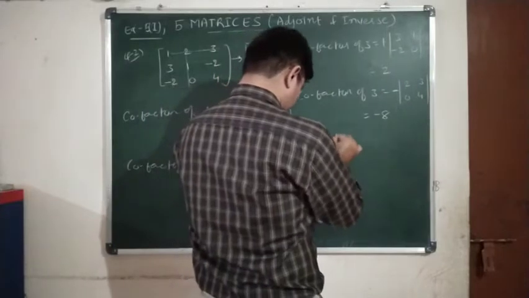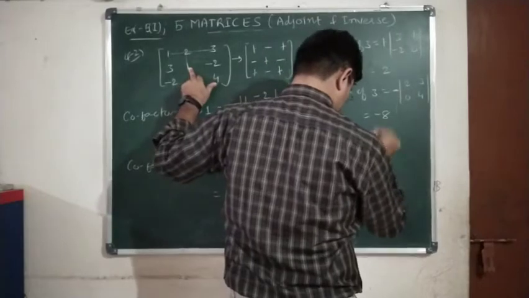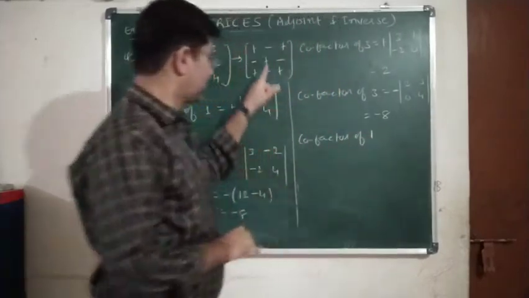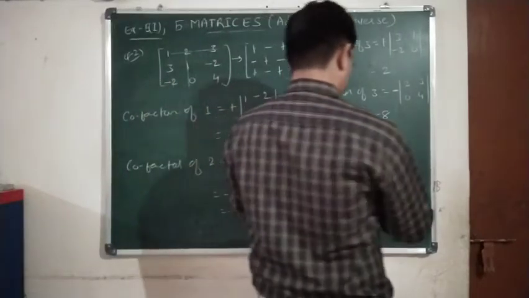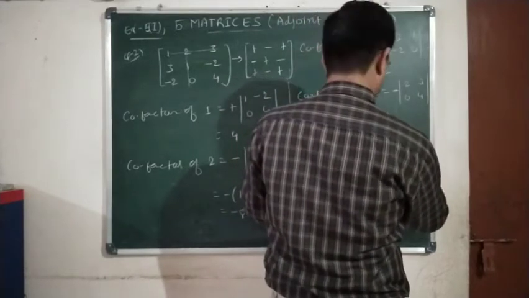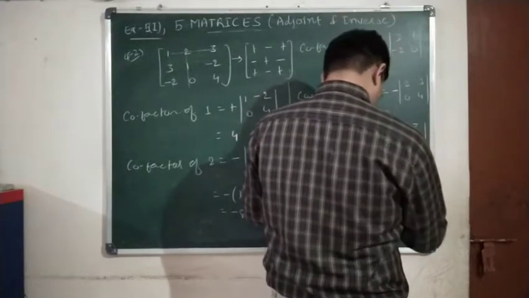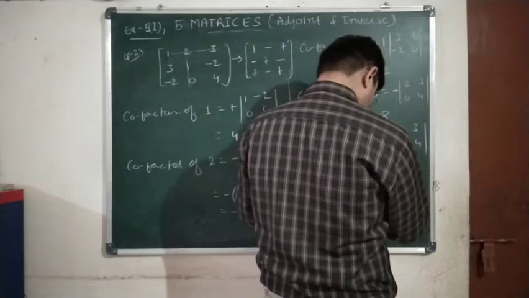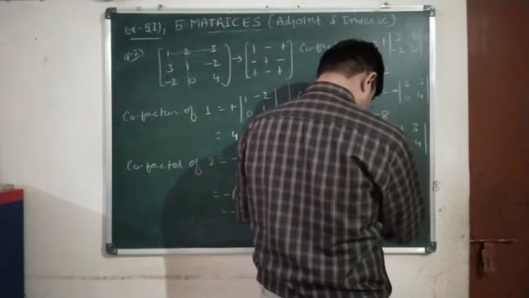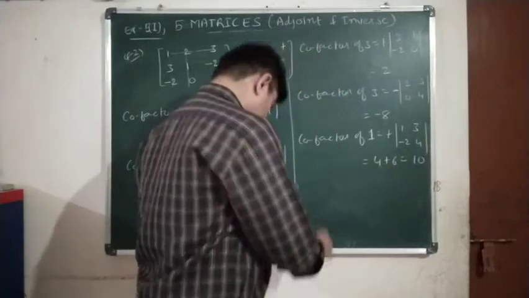Again, cofactor of 1, a 2 element. Okay, what is the sign convention? Plus. Yes or no? Cofactor of 1 is plus determinant 1 3, minus 2 4, which is equal to 4 1s are 4 plus 6 is equal to 10.